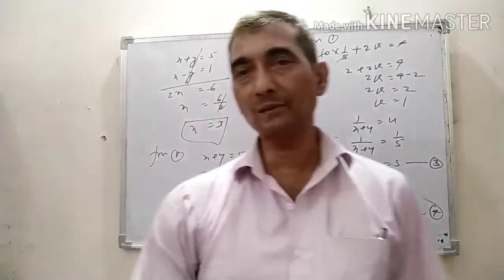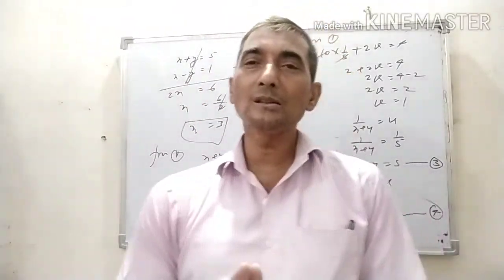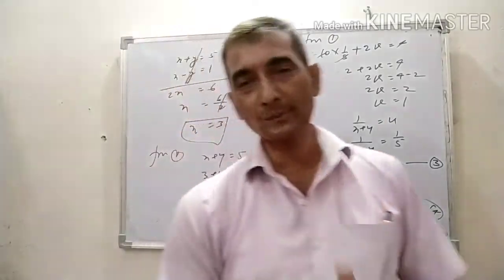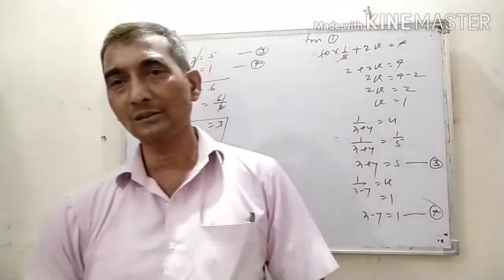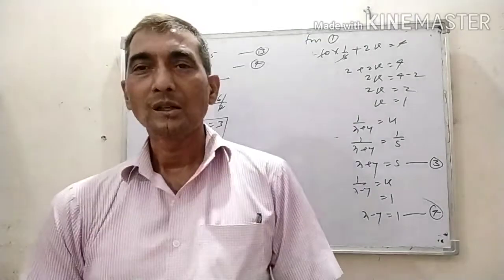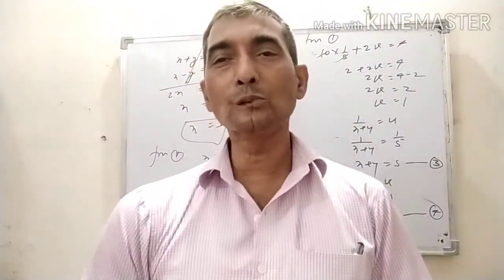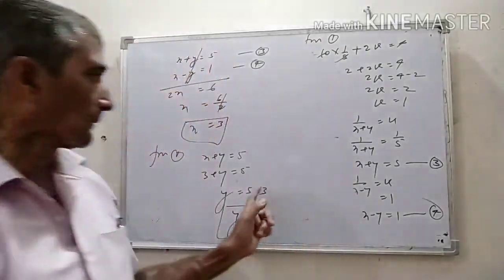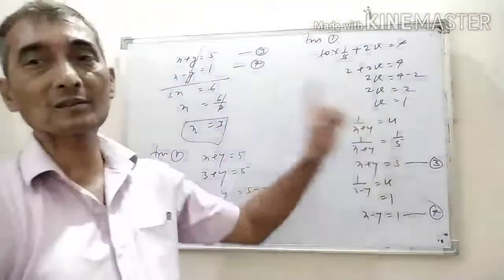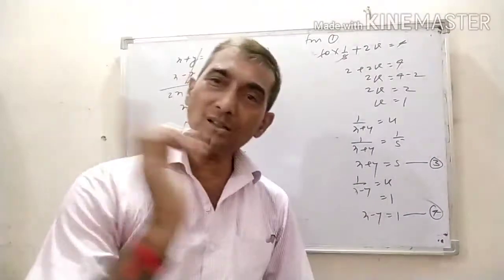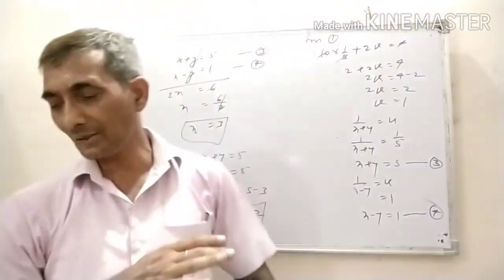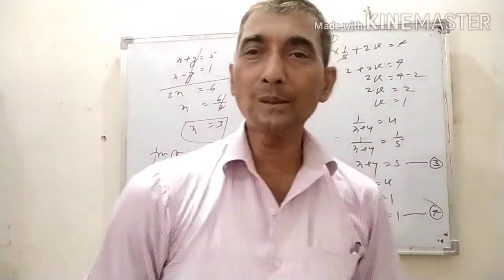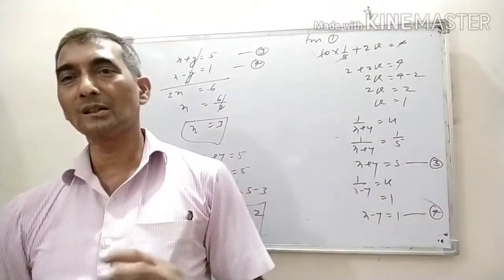Now solve these two equations by the elimination method, substitution method, or cross multiplication method, as you like, and try to find the values of u and v. After that, when you substitute, you will find again linear equations in the form of 3x plus y equal to something and 3x minus y equal to something.